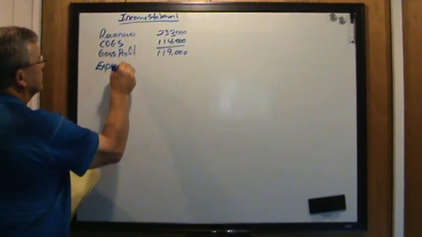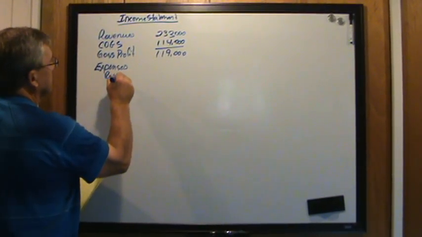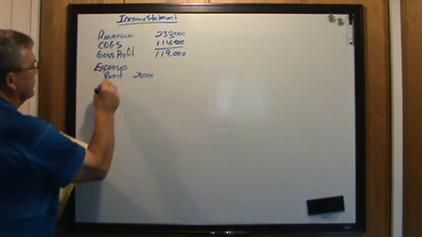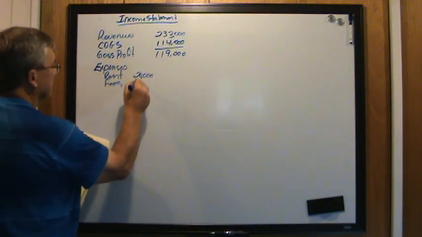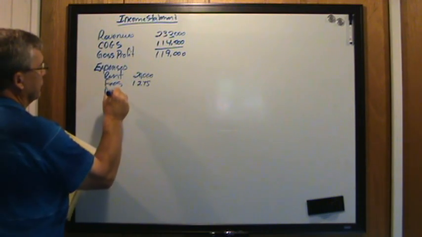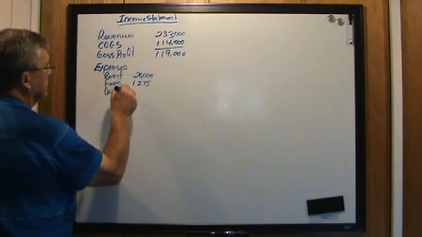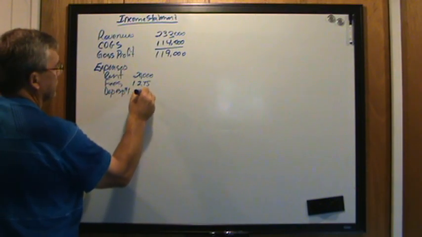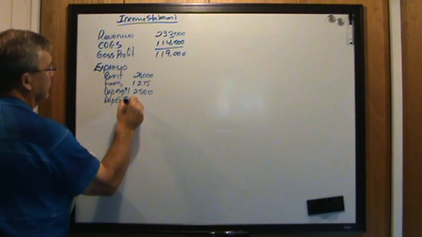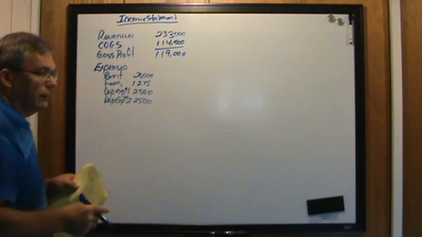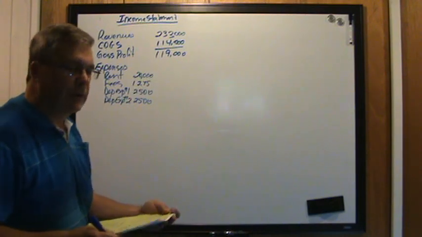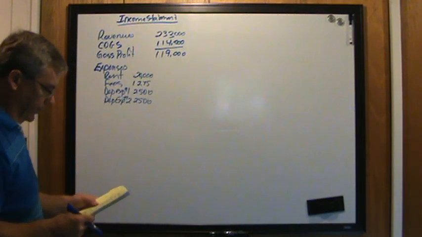The expenses, we had rent of 20,000. Fees 1,275. Depreciation expense for van number 1 was 2,500, and also for van number 2 was 2,500. And yes, you can combine those as far as the reporting goes. Just it makes it a little confusing sometimes for the accumulated depreciation is all.